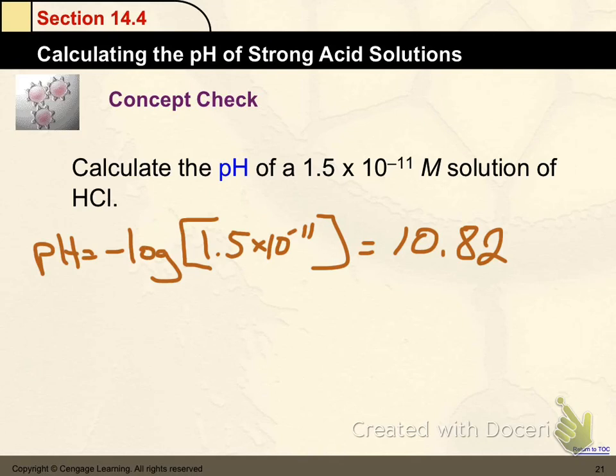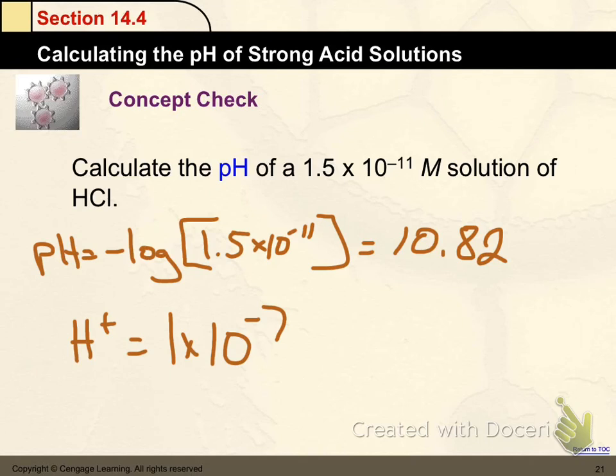Because this answer neglects the fact that water actually dissociates. Remember, in a neutral solution, water has a hydrogen ion concentration equal to 1 times 10 to the negative 7. So water in this case gives 10,000 more hydrogen ions than does this HCl. So water is actually the major species, so it is the thing that affects our pH.